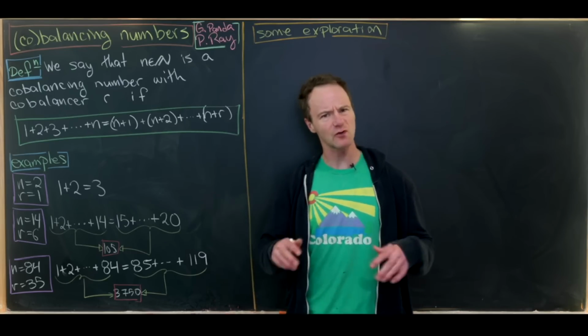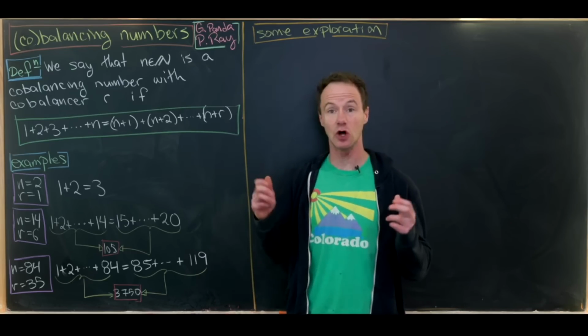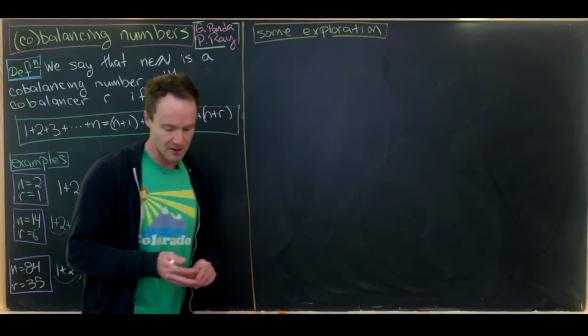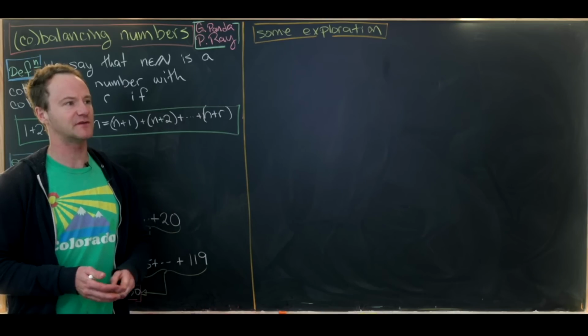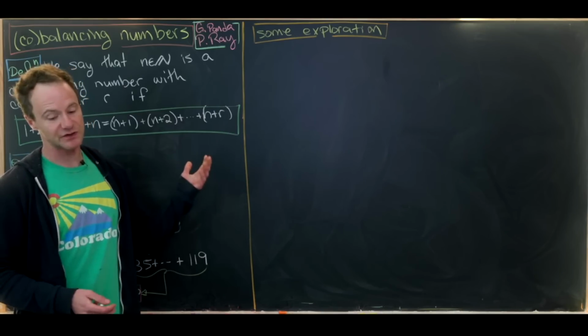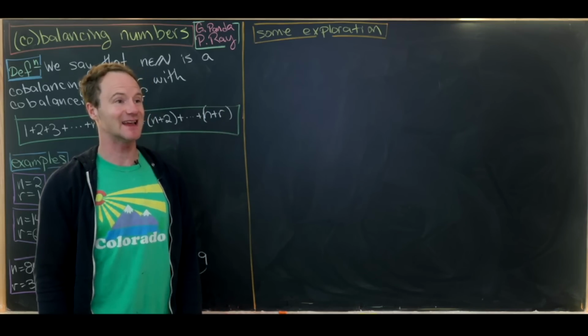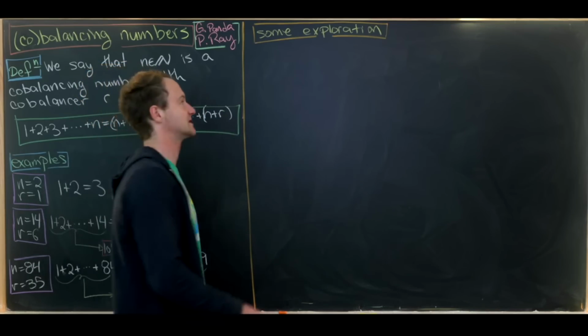Okay, so our real goal for this video will be to get a closed formula for the co-balancing numbers. But in order to do that, we have a couple of things to do along the way, and we'll start with a little bit of exploration. Let's start with our defining condition for co-balancing numbers.